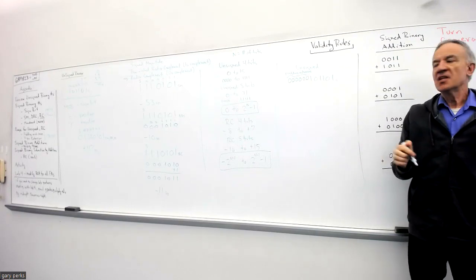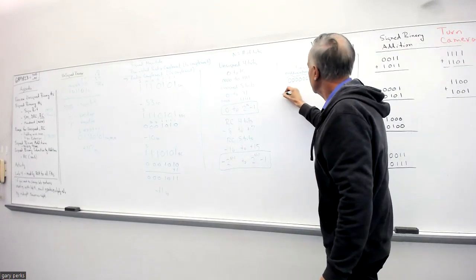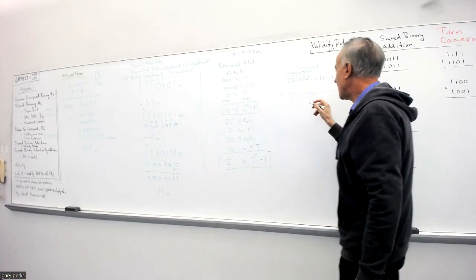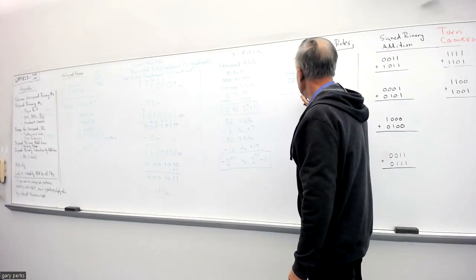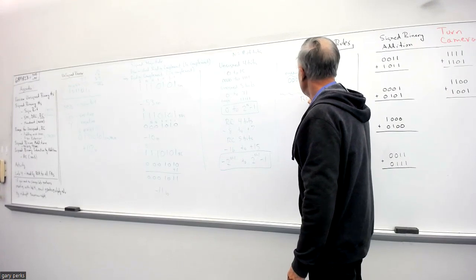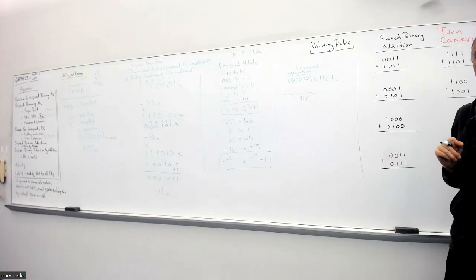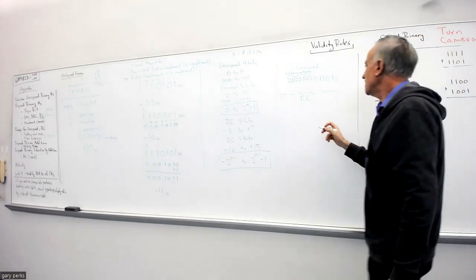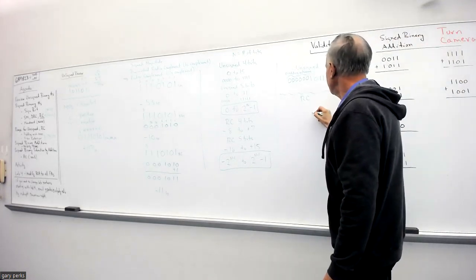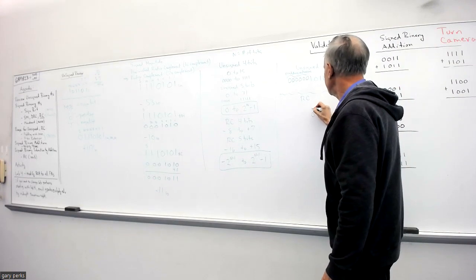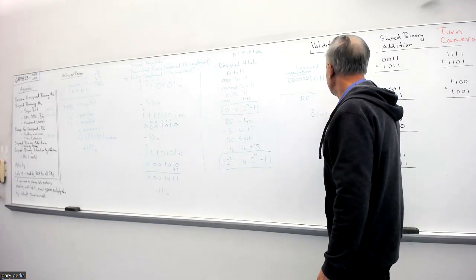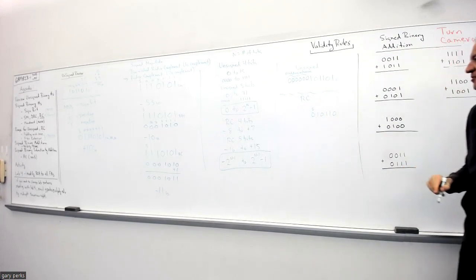Okay, well now, let's say we have 2's complement. So we have signed binary numbers. And let's say one of them is positive, those 6 bits.